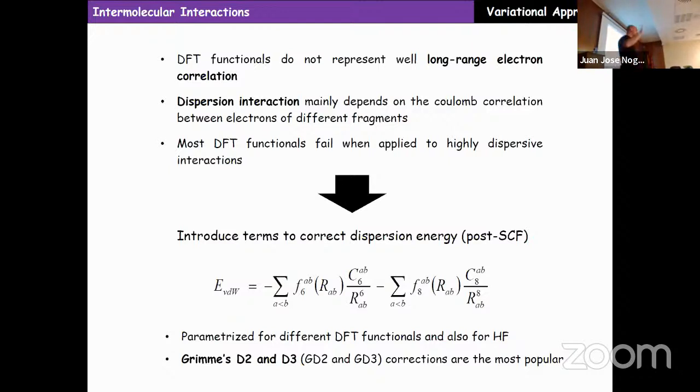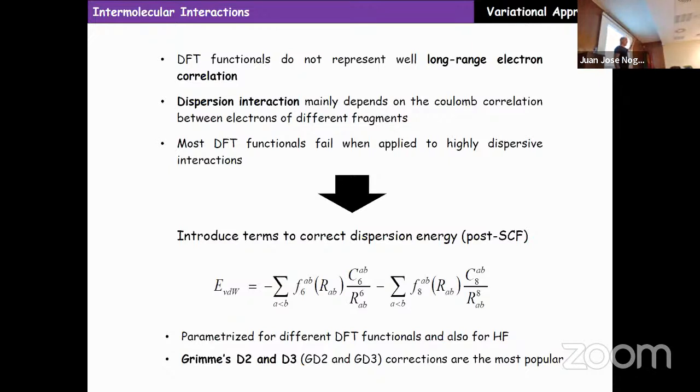But be careful with these empirical corrections, because you include the correction in the energy, but you don't include the correction in the density. Why? Because this is a post-SCF correction. This correction is included in the calculation of the gradients, okay, but not in the SCF procedure.